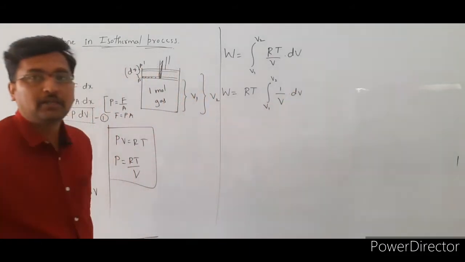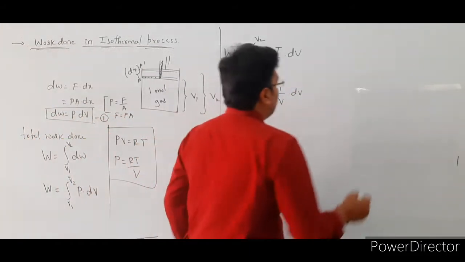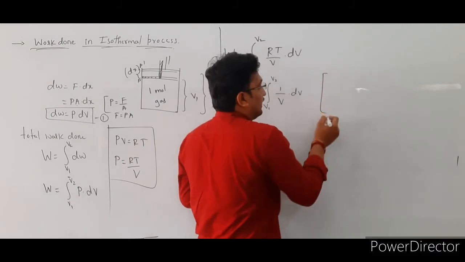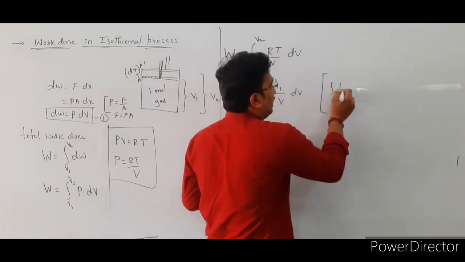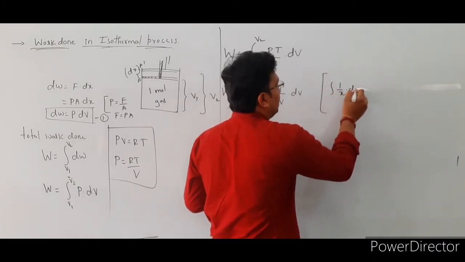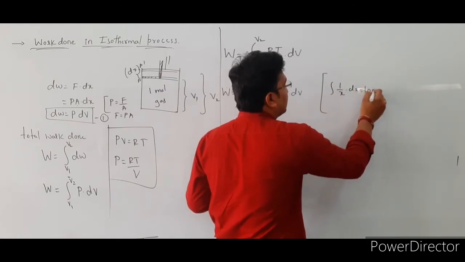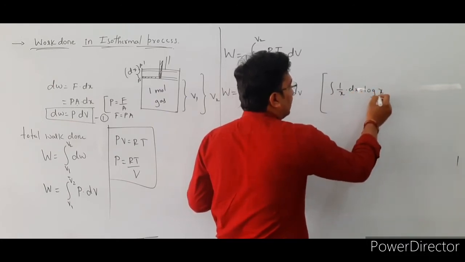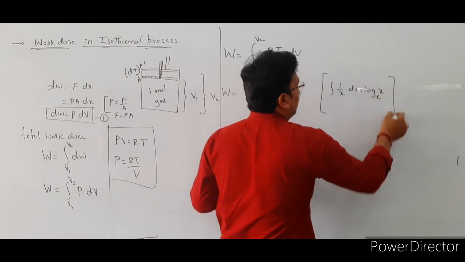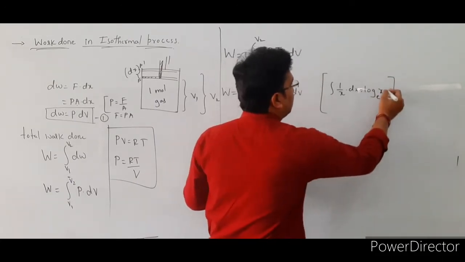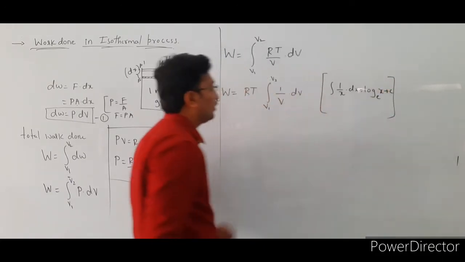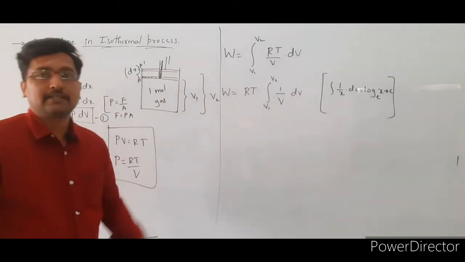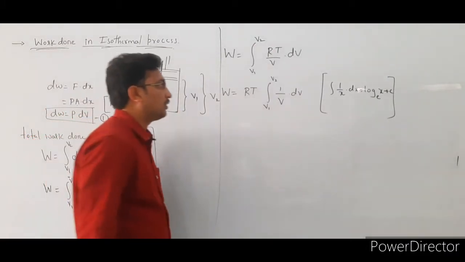Already we know the standard formula: the integration of 1 by x with respect to dx is log x base e plus c, the integration constant. Okay. This is a standard formula. We are going to apply this formula here.